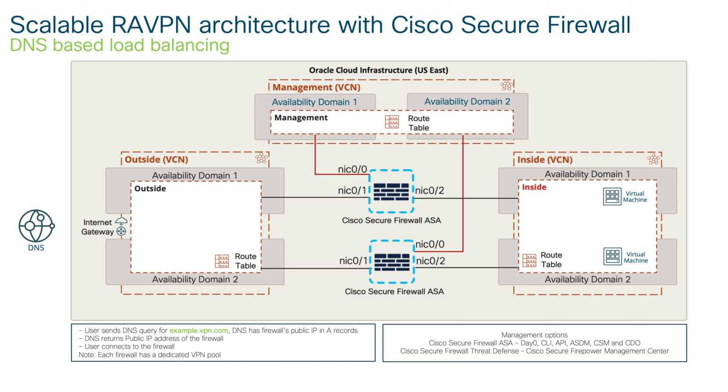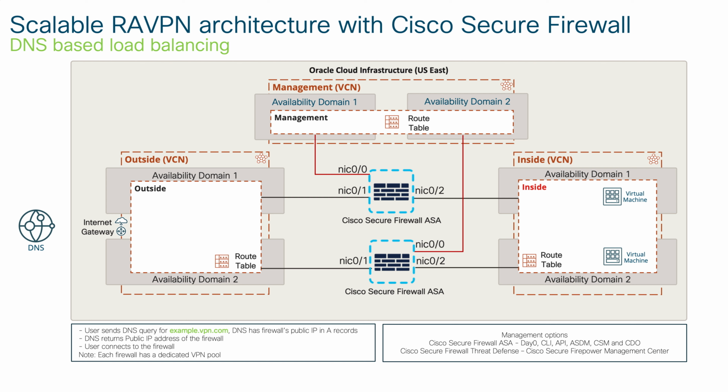So imagine your customers are interested in deploying a scalable architecture. You can design architecture in such a way that you will have multiple firewalls and firewalls will be deployed in multiple availability domains.